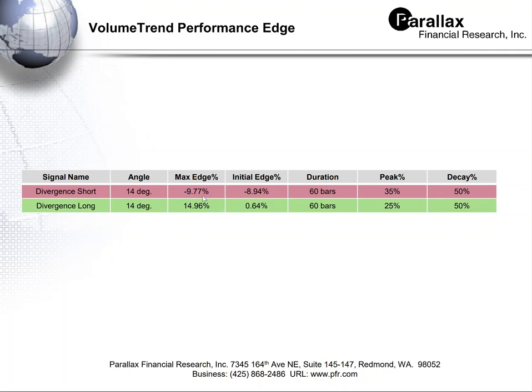What edge do you have from a signal? In this case, a divergence short, that little red mark that you saw on the last slide. If the angle is at least 14 degrees, it's got about a 10% edge downwards, meaning you've got a 59% chance of it dropping, and only a 41% chance of it continuing higher.